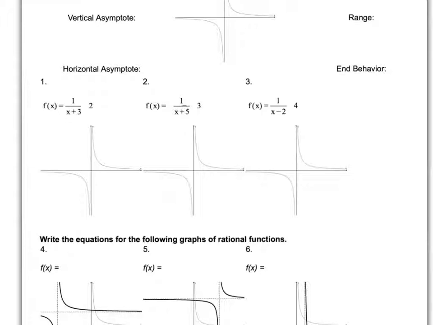And then your domain and range would be negative infinity to -3, union -3 to infinity, and then negative infinity to union to infinity. Woo! And that is number 1.